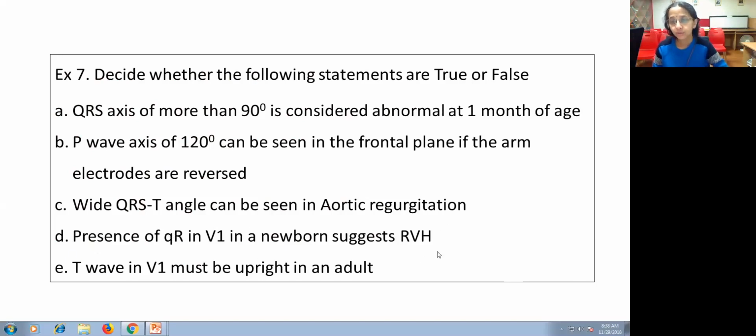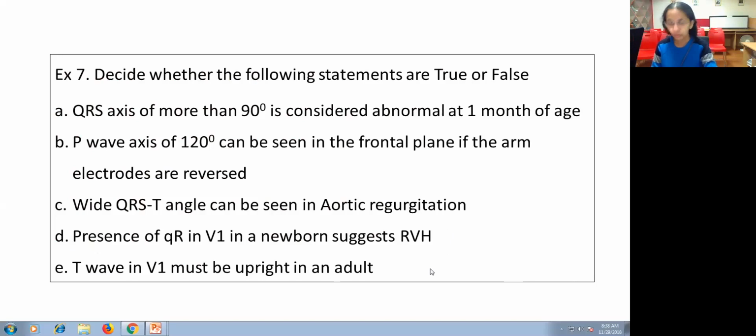Can you tell me which ventricle is dominant in a newborn? It's the right ventricle. So if you have Q waves in a newborn in V1, it can be an acceptable RV dominance and it does not suggest RVH. But remember that if you have a pure R wave which is more than 10, then it is abnormal.